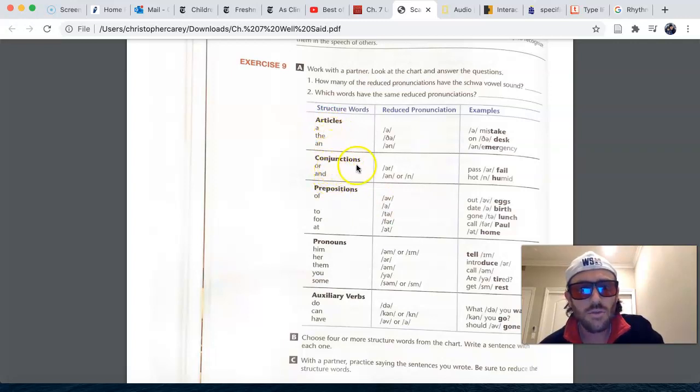Let's see some other ones. Or and her share the same reduced pronunciation. What's another one? Oh, okay. Him and them have the same pronunciation. So a little bit tricky.